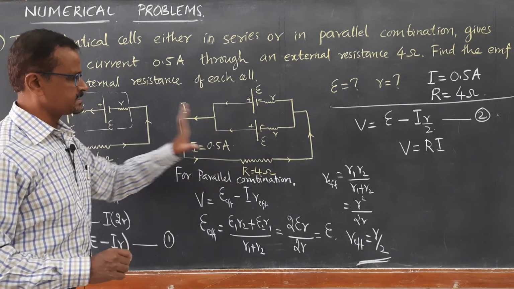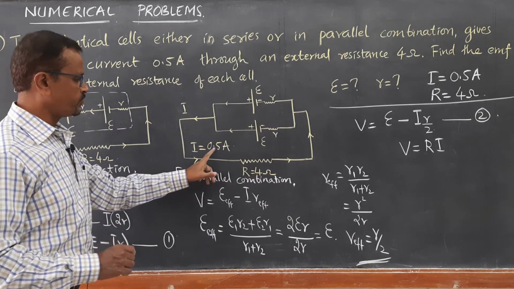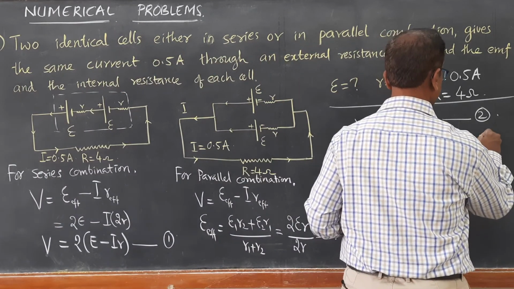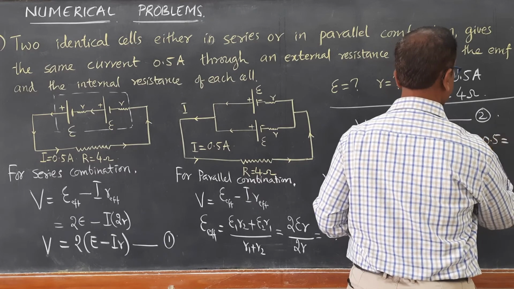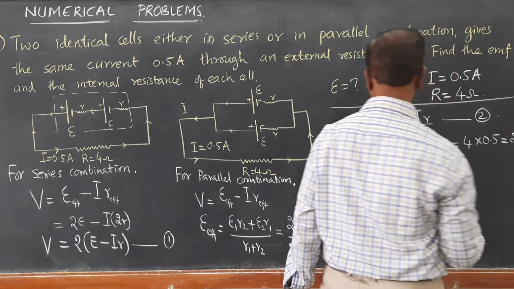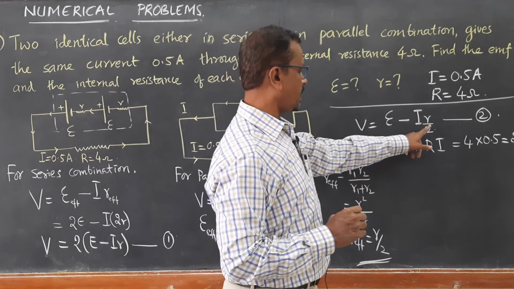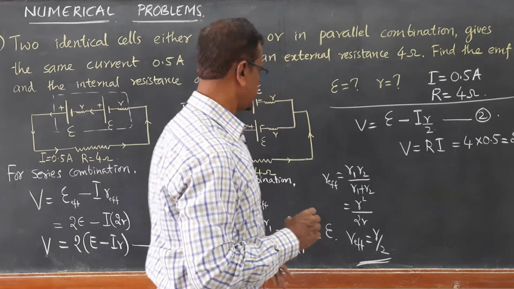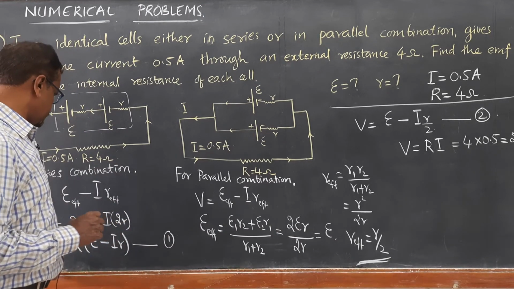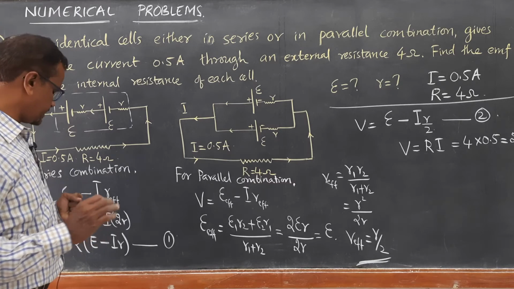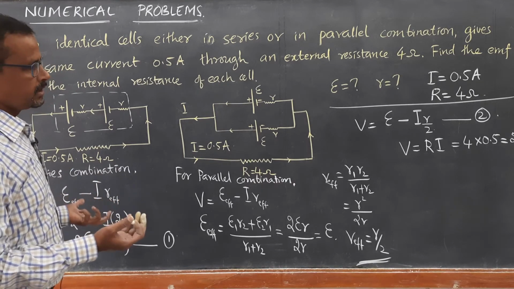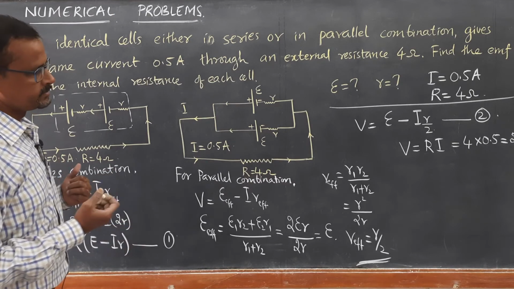In both the cases, it is the same terminal potential difference, 4 into 0.5. 4 into 0.5 becomes 2 volt. So, the terminal potential difference is 2 volt. So, E minus IR by 2 equal to 2 volt, 2 times E minus IR is also equal to 2 volts. This is how we get the equation. We can solve for R and we can solve for E.